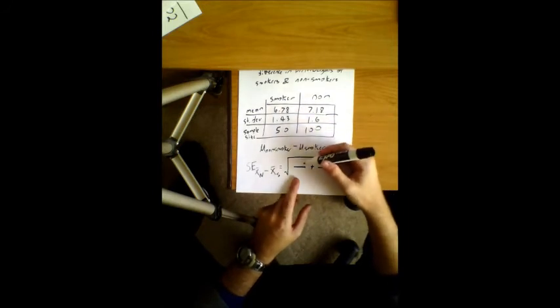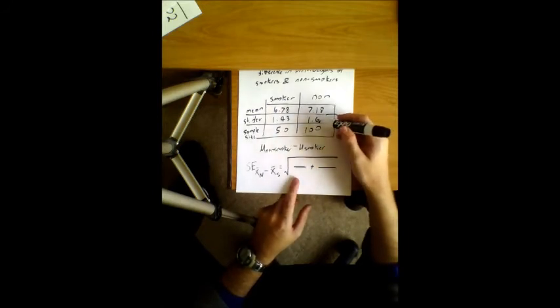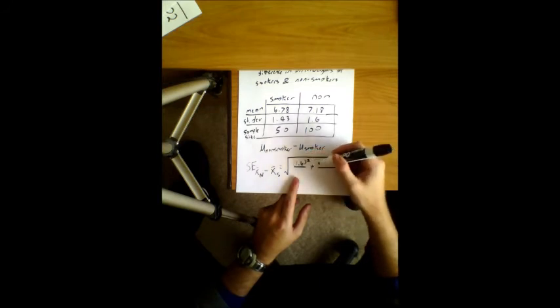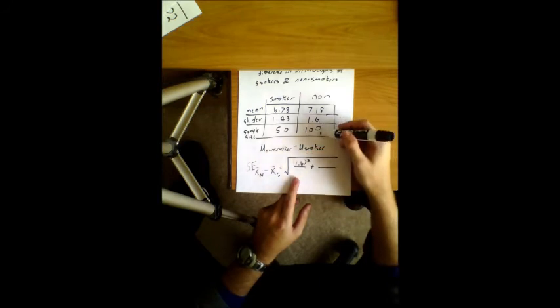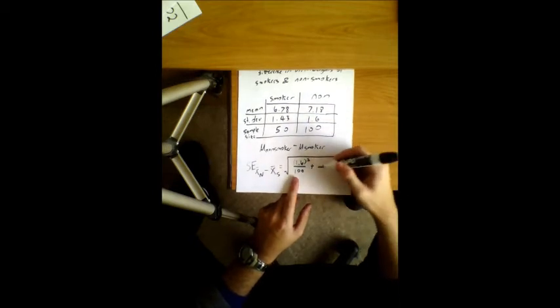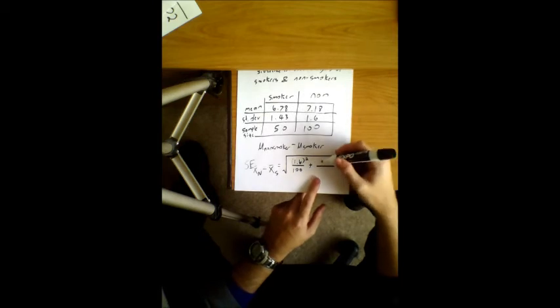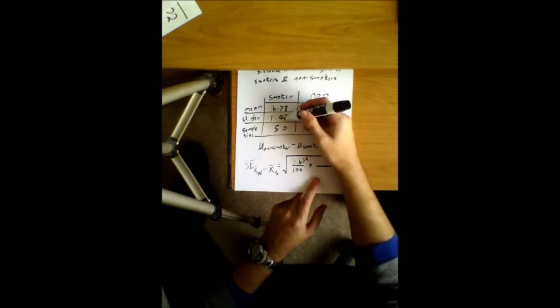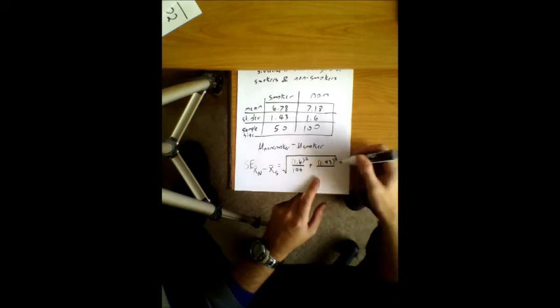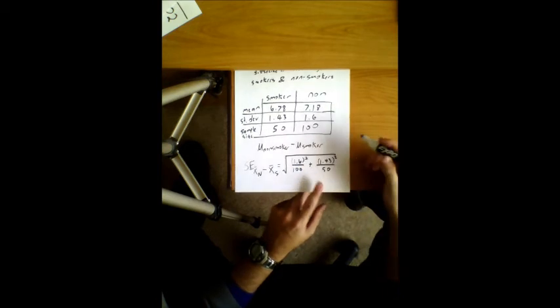We're going to go ahead and plug in for the non-smoker, 1.6. We're going to square it and divide by the sample size here of non-smokers. We have 100 of them. And we're going to go ahead and find the standard deviation of the smokers, just 1.43. We'll square that and divide by the number of them.